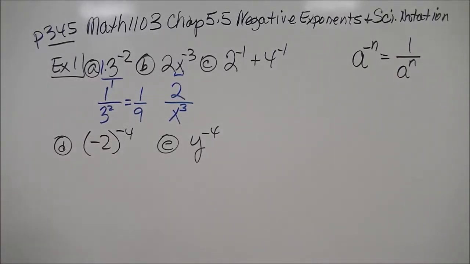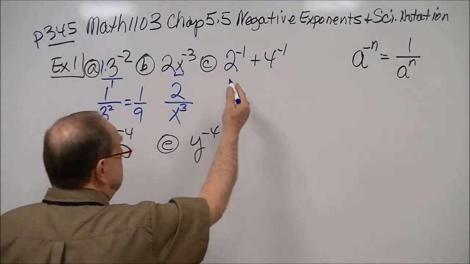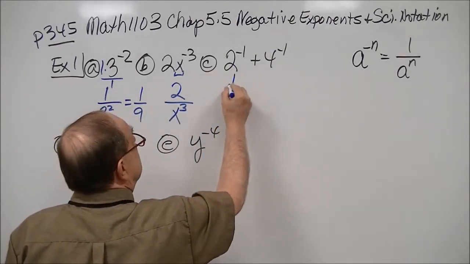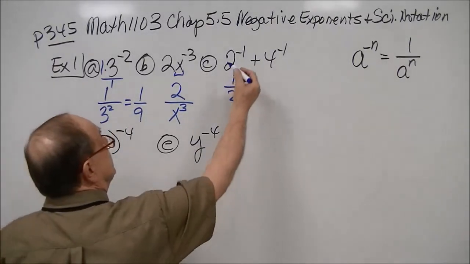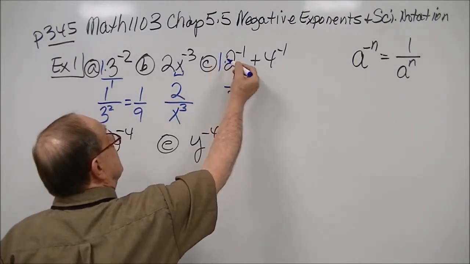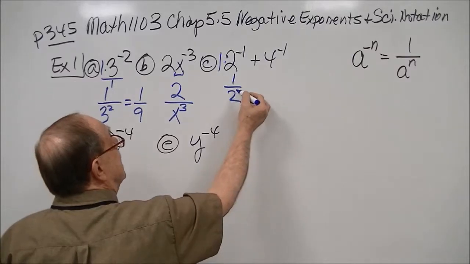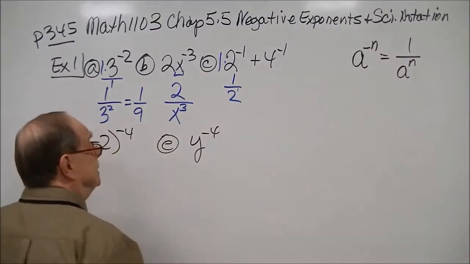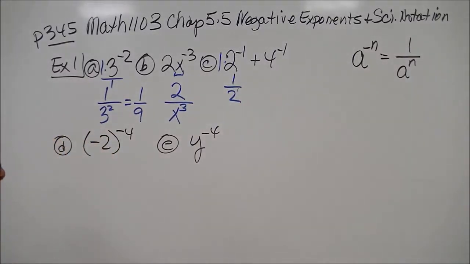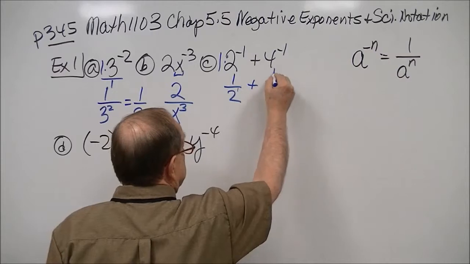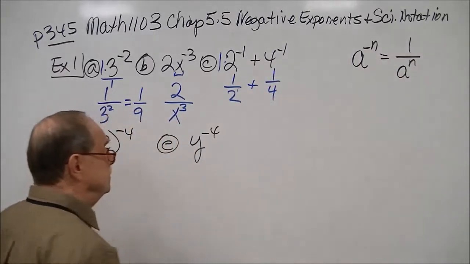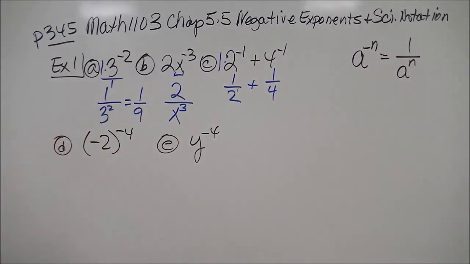Now in letter C, this is actually another way to show 1/2. That is times 1, the 2 comes down, and it now has a positive exponent of 1 in the denominator. Again, we don't write those. And then this becomes plus 1/4. So now we have a little fraction example.